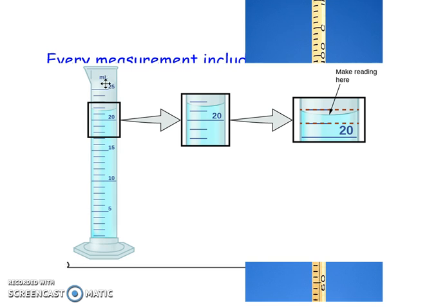It is in milliliters. So this is 20, 21, not quite 22, so 21.7 or so milliliters. Again, that last number is estimated, so everyone might record it a little bit differently, but you do need to go one place beyond what is marked when making a measurement.